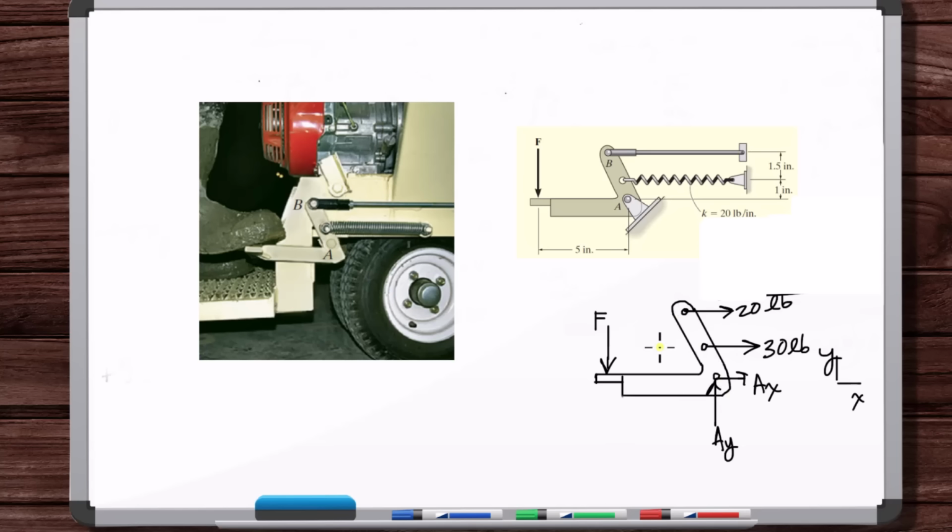In deformable body mechanics, we'll get into the actual change in shape of the link and start studying the stresses in the material. But that's a different problem. Remember that these idealized assumptions that we use, the particle assumption, the concentrated force assumption, are problem specific. Those assumptions are unique to each problem you're trying to solve.